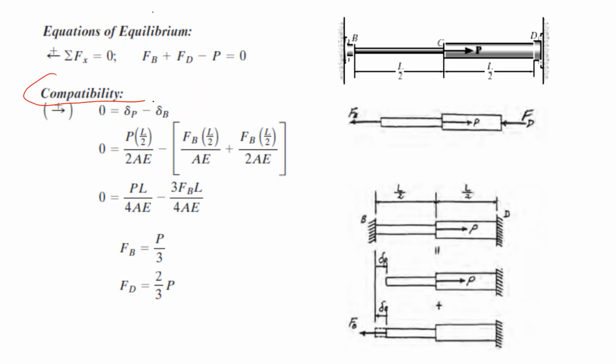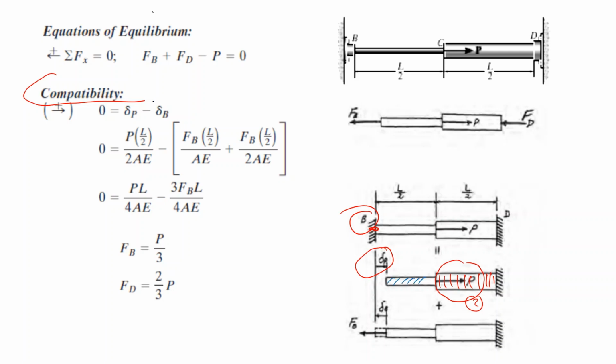Compatibility. Well, this time I'm going to use kind of superposition technique. I'm going to take point B, and this point B will be displaced by delta P due to the force P. When you apply the force P, then only shortening in the second region will be active.